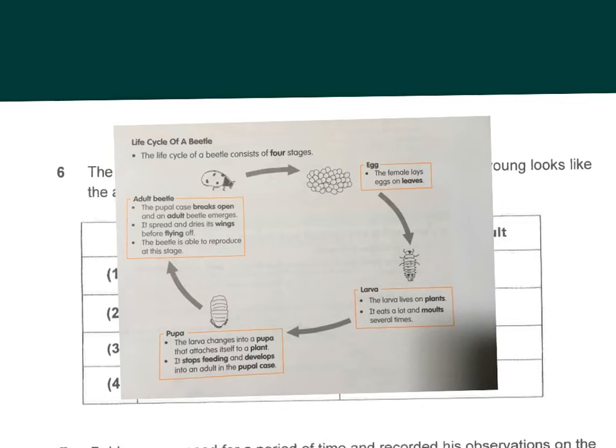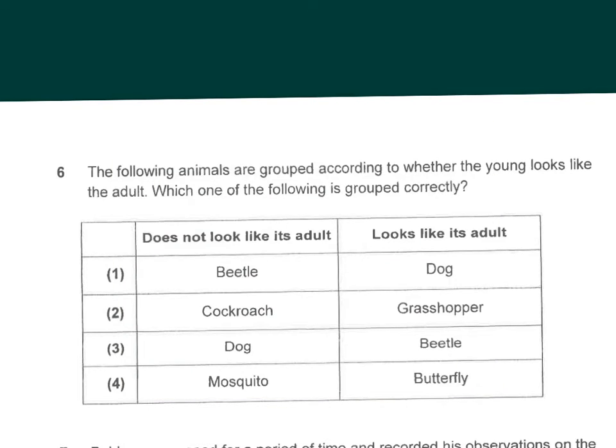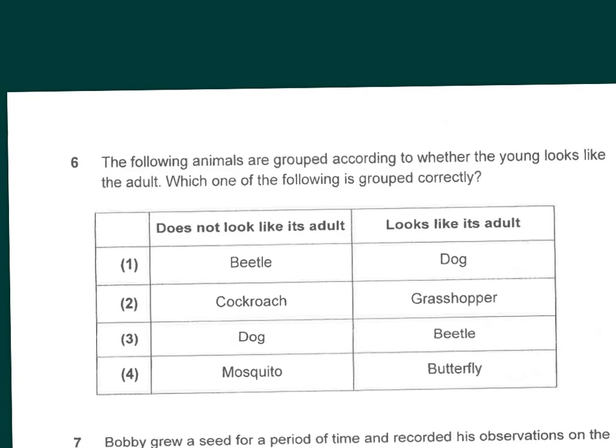The young of the beetle, which includes the larva and the pupa, both of them do not look anything like the adult stage. So obviously in this case, it is true that the beetle young does not look like the adult. Whereas a dog, like the human, the young does look like the adult.